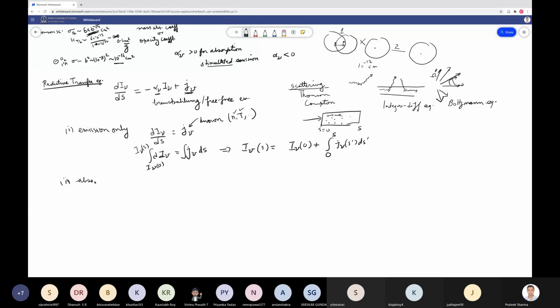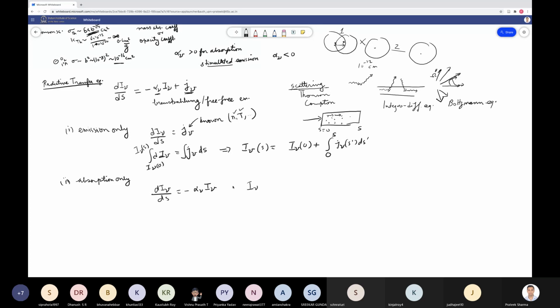Now if you have absorption only, in this case dI nu ds equals minus alpha nu I nu, and this integral is also very easy.